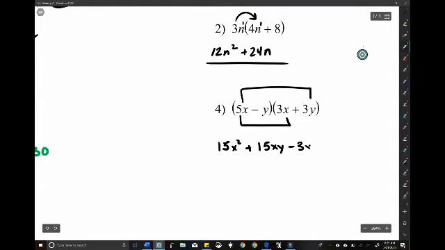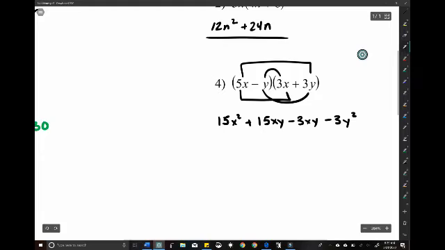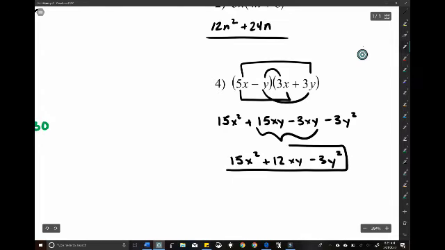Minus 3xy, those are our inners. And the last, minus 3y squared. So just an introduction of some new variables. 15x squared plus 12xy minus 3y squared is what you should end up with for that particular FOIL problem.